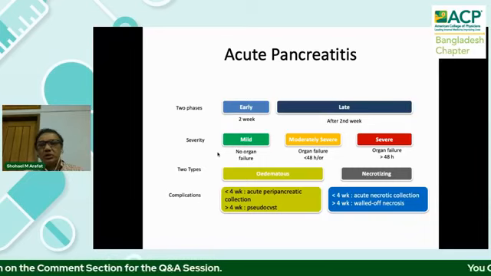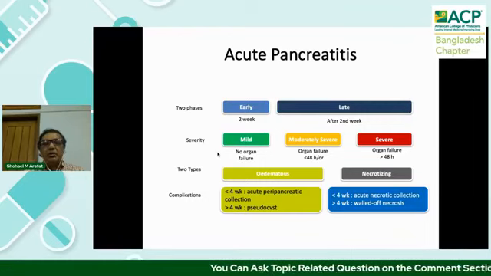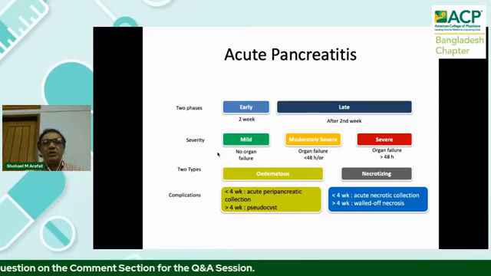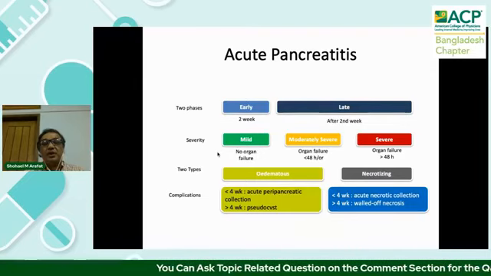Sorry, there's a little problem with the slide: the color contrast is not good. So mild, then moderately severe, and severe. The mild cases usually have acute interstitial pancreatitis, and these cases usually have mild pain, might be asymptomatic, might be discomfort, but there is no local complication, no systemic complications, and usually the patient recovers spontaneously within a very short time, like 5 to 7 days.